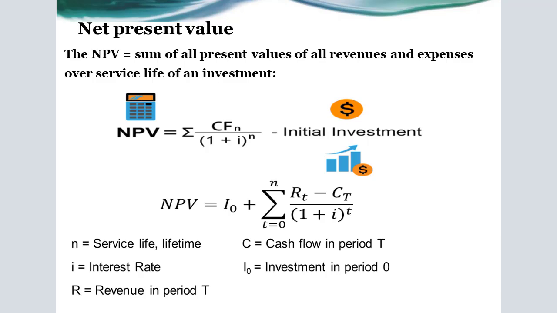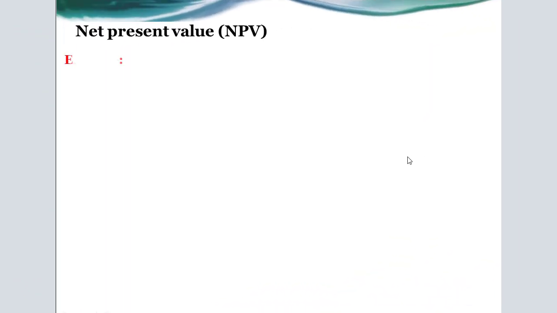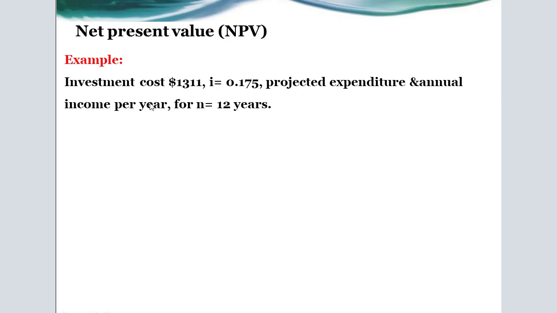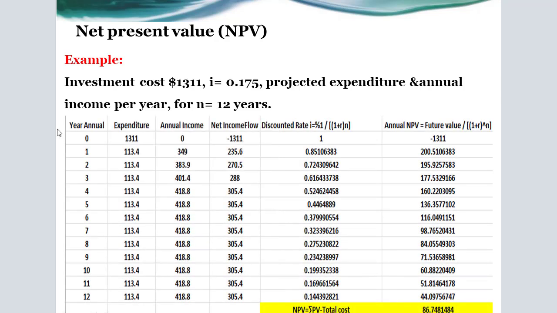energy auditing. Okay. Now, we have an example of net present value calculation using Excel. We have the initial investment cost, this value, and we have the discount rate or interest rate, this value, the project expenditure and annual income as in the table per year for 12 years, an Excel table of course.